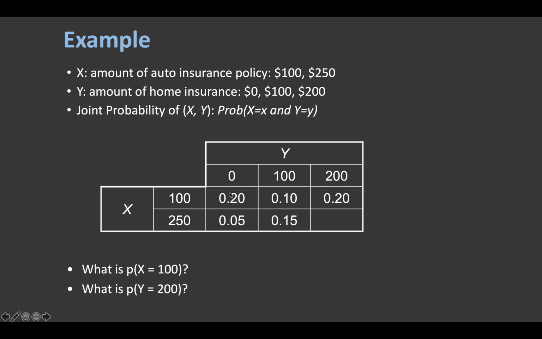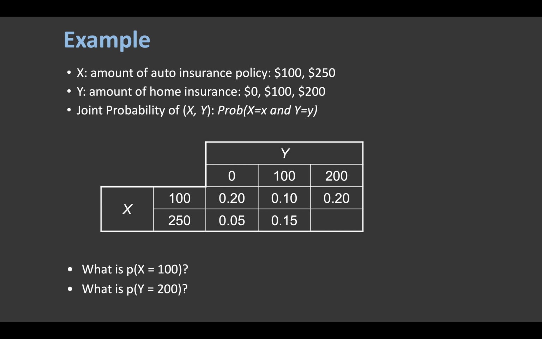Then this one is 5% of the population who bought car insurance and pay $250 per month and still get nothing for house insurance. The same here: this means 10% of the population spend $100 on auto insurance and another $100 on home insurance. So that's what it means.